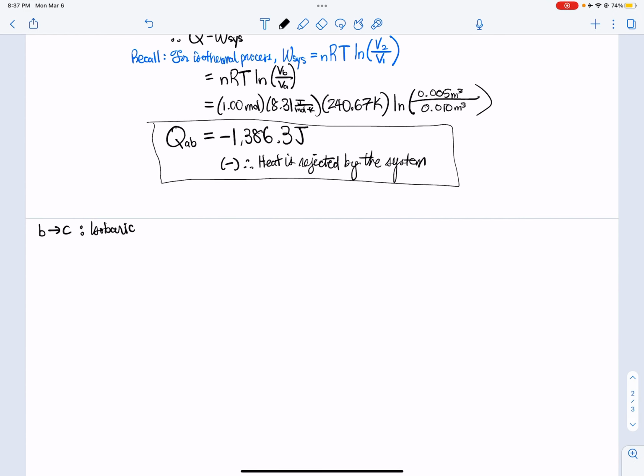So recall for isobaric process, so this is only true for the case of isobaric process, okay? Q is equal to n times the molar specific heat for constant pressure times the change in temperature, okay? So that is only true for an isobaric process. So let's use that.